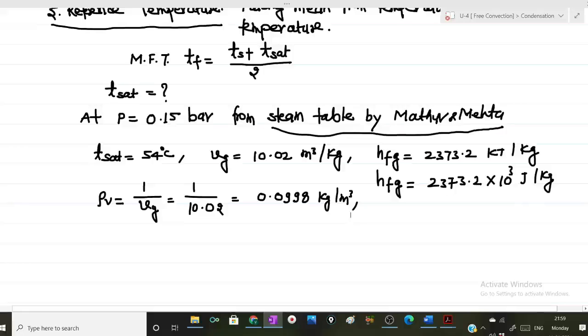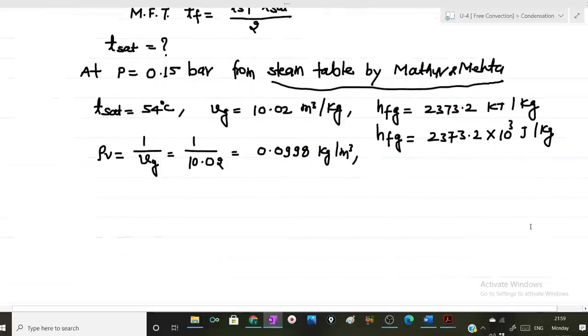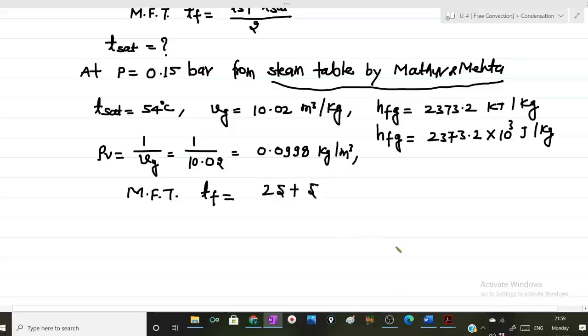So all these are the values of saturated steam at a pressure of 0.15 bar from steam table. After knowing the value of Tsat, now I can calculate mean film temperature TF, as Ts is 25 degrees Celsius and Tsat is 54 degrees Celsius.